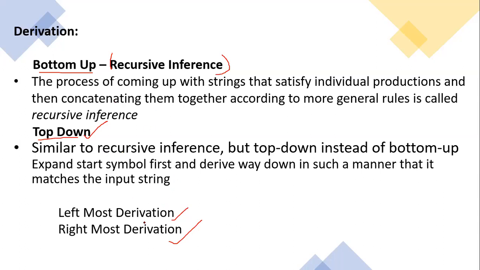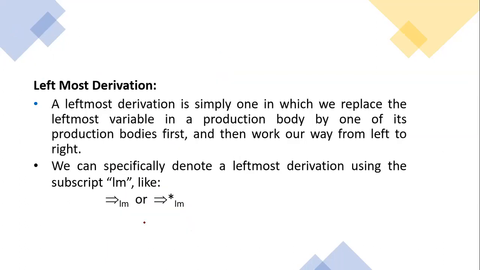In top down we have two derivations, leftmost and rightmost. Leftmost derivation is nothing but, for example, if I have the production S tends to AB, and for that A, I have another production, A tends to small a, and another production for B, B tends to small b.